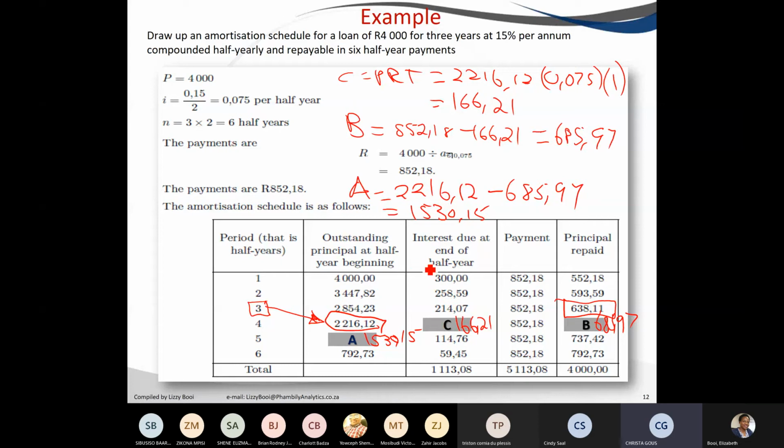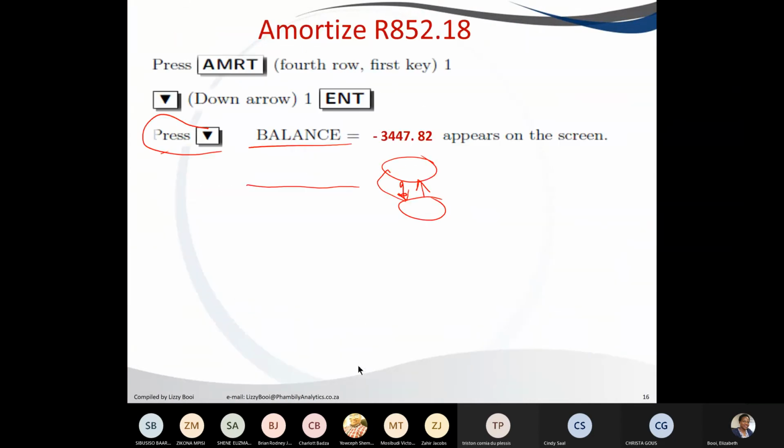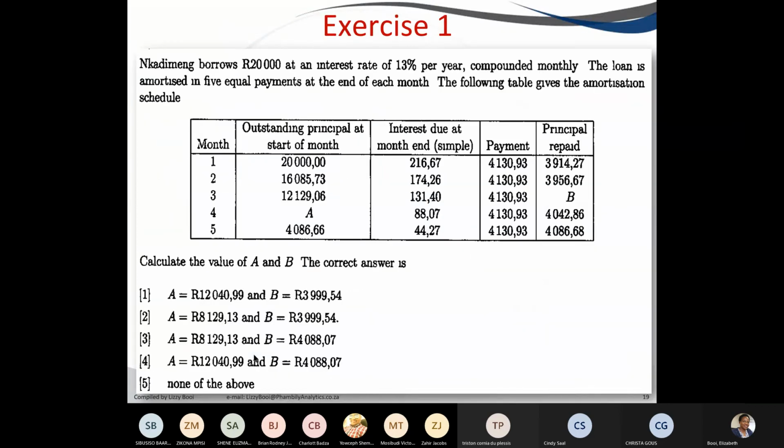Sorry, Lissy, can you go back to the example, please? Are you winning?